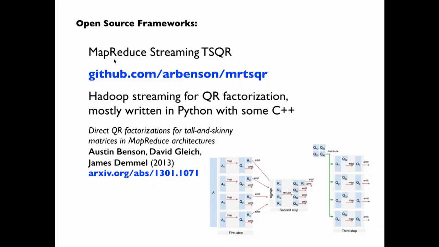Another point of open source here that's very useful is something called tall and skinny. When we talk about matrices, we talk about square matrices. You can perhaps find the inverse of a square matrix. When you're working with real-world data, though, it's probably not a square matrix.